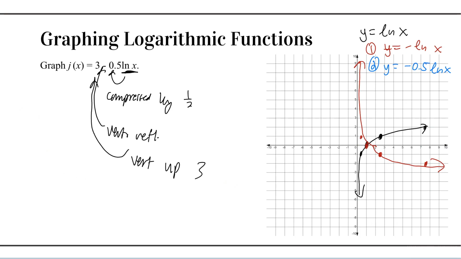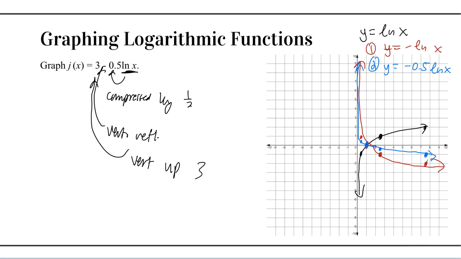So like right here where it went down 2, it's only going to go down 1 right there, and this is only going to go about half as far. It's still going to have the same x-intercept. And then at that point right there where it went 1 high, it's only going to go about half as high. So it's going to be a much flatter looking graph because of the compression that was happening here.